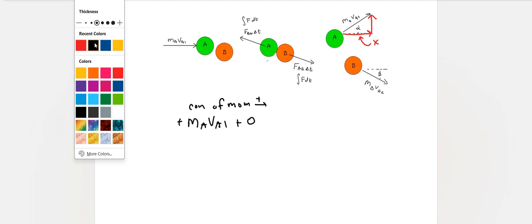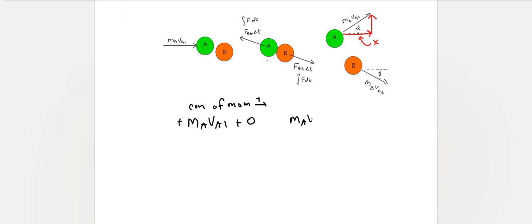So what we're going to have then is MAVA2 times the cosine of the angle alpha. And it's positive because it points to the right.